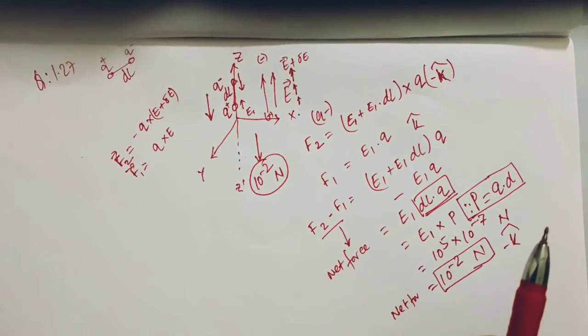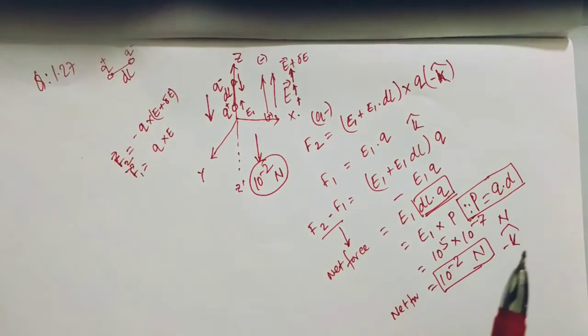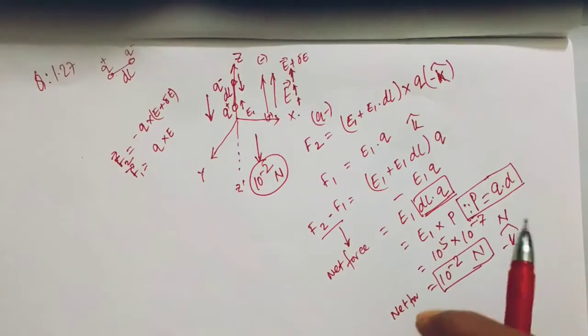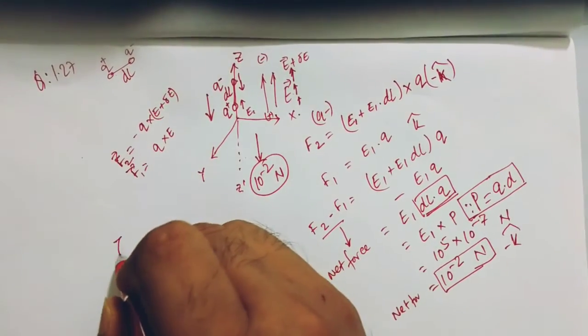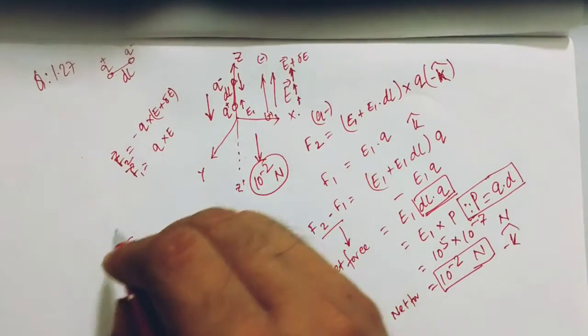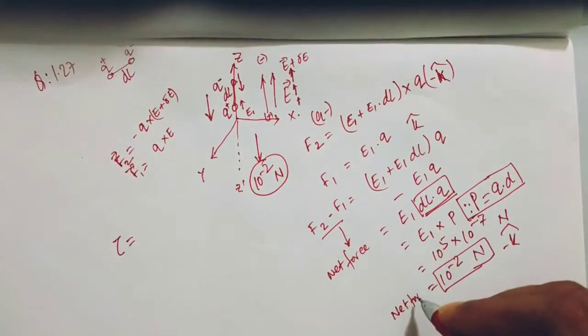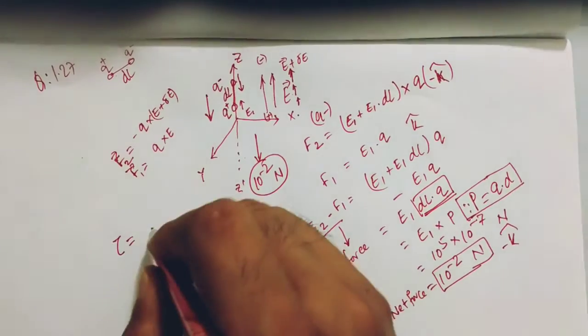Now they are asking what the direction is, we got it. Now they are asking what is the torque experienced by this dipole. We know the torque tau is what? Tau is force.